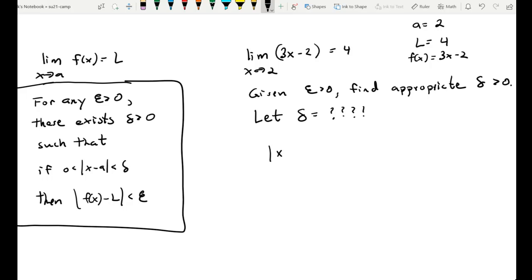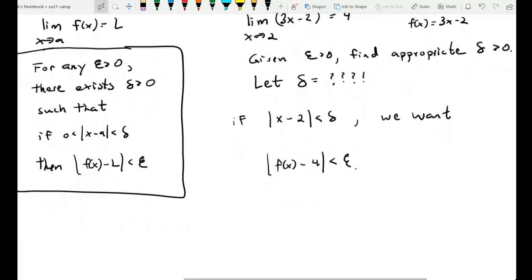If we know that the distance between x and 2 is less than delta, without knowing what delta is, we would want that once we plug x into our function, f of x is epsilon close to the limit. The limit is 4. This is what we want to be true. And so we have to choose delta so that we get what we want.